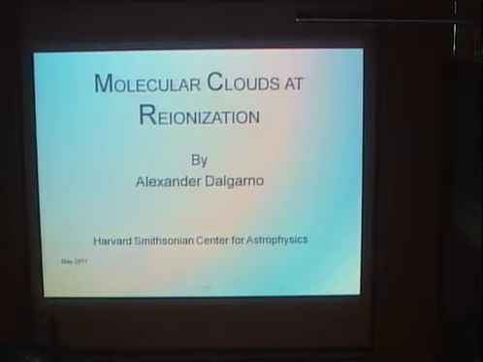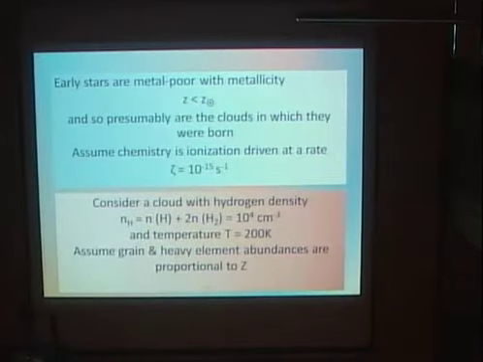So I'm going to argue that early stars are metal poor, with a metallicity Z which is very much less than the solar metallicity. And so presumably, I might argue, are the clouds in which these early stars were born.